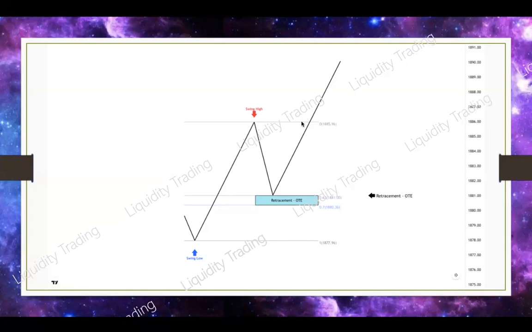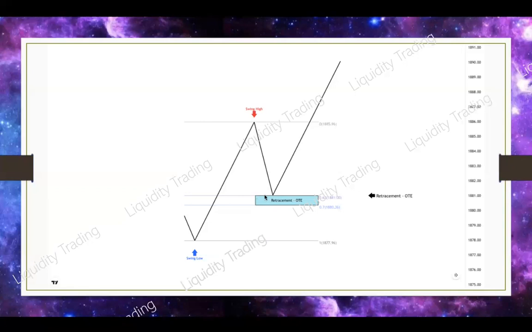Now I know many times, especially when you're backtesting, it can confuse a lot of people that the market will just go a little bit lower than the 62, like sometimes it will go to a 70 or maybe lower levels.